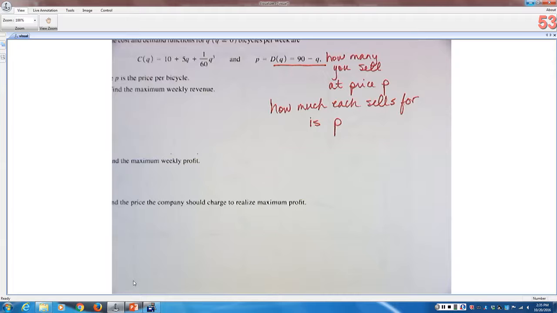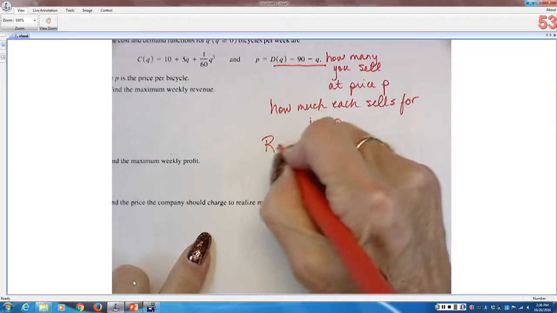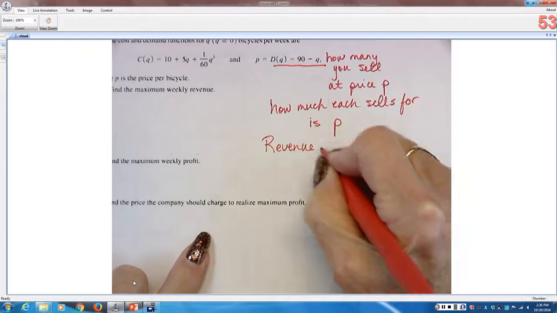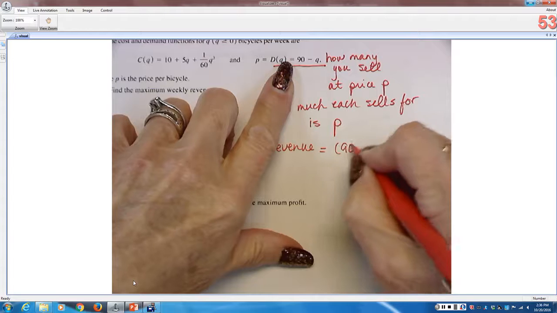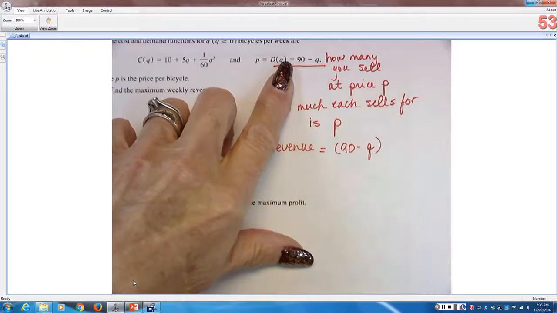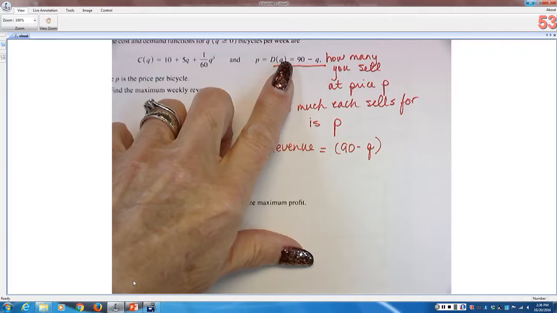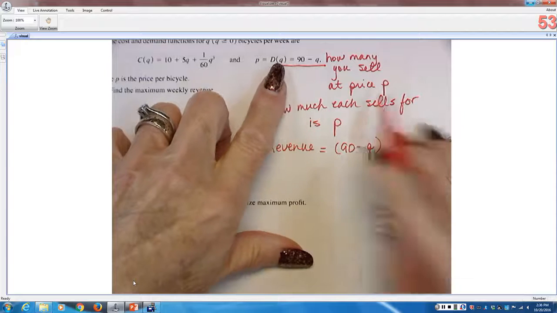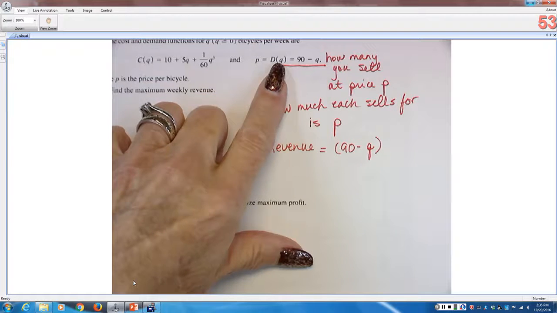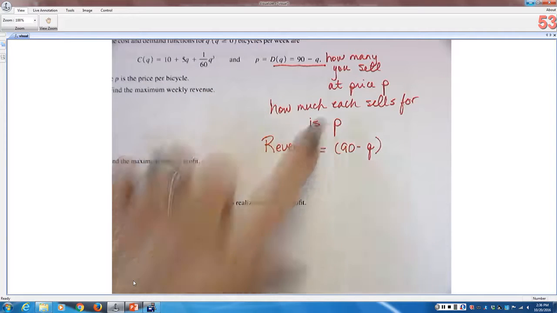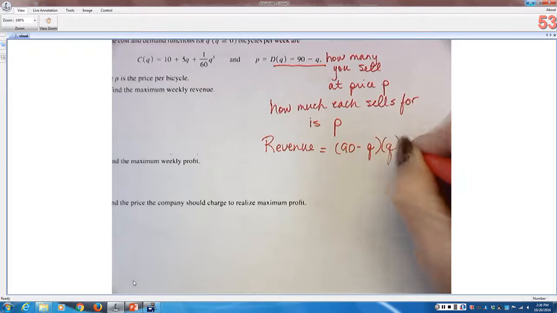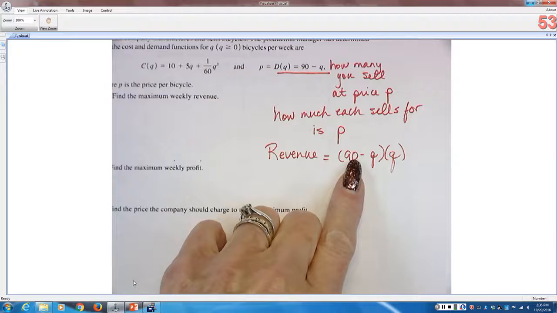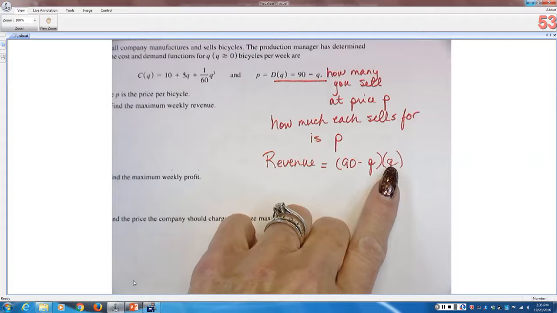Revenue is how many times how much. How many is the demand, D of Q. How much is the price, so here's your price per bicycle.